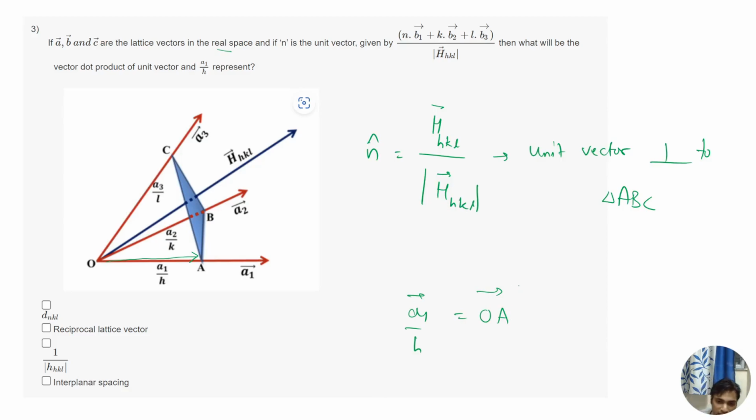So what you are basically doing is taking the component of oa along n cap, and that will give you nothing but the distance from O to this plane ABC, and that distance is d of h, k and l. So your correct answer is this dhkl. And what is this dhkl? That is nothing but your interplanar spacing. So these are the two correct options.